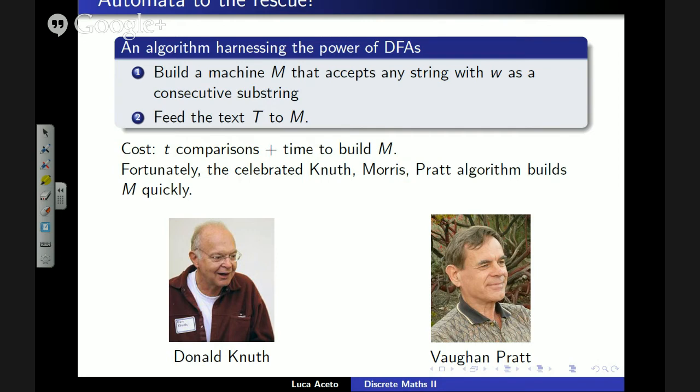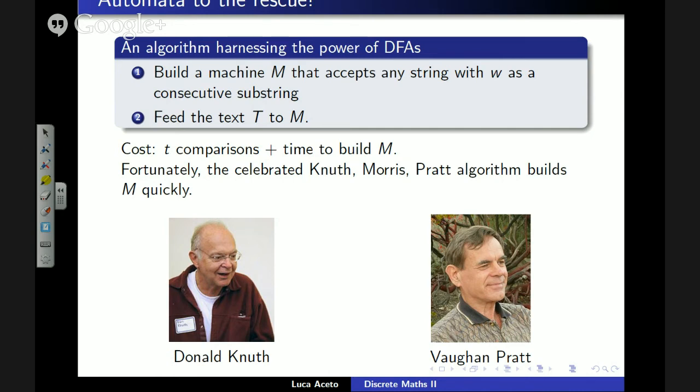Okay, so instead of accepting all strings that do not have AA, like in the example that we just solved, we accept, say, all strings that have AA or ABA or whatever string W we are looking for. And then we just feed the text file T to the DFA M. And if the DFA accepts the string that corresponds to the text file, then you say yes.